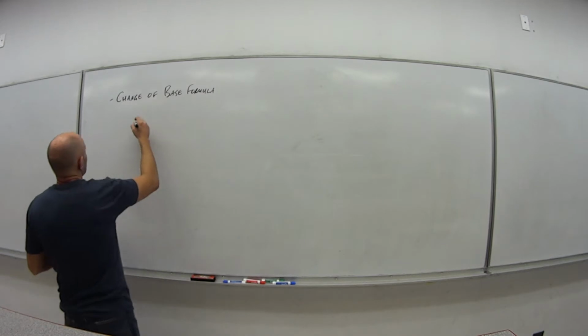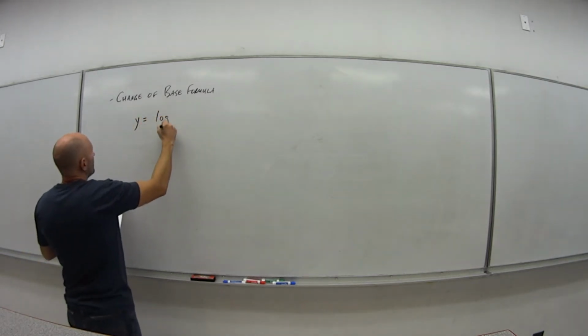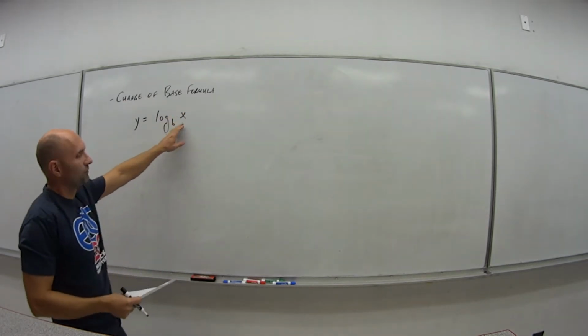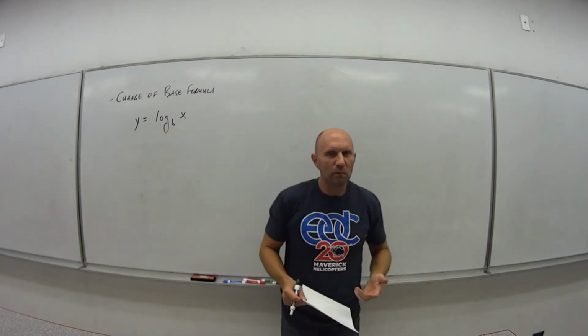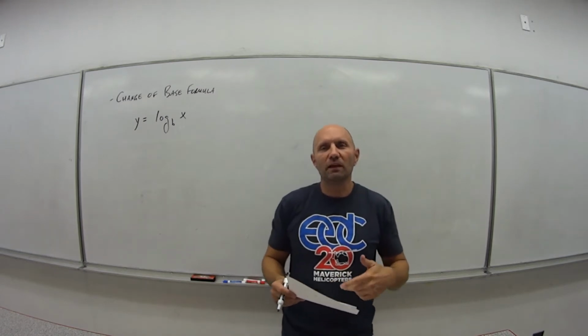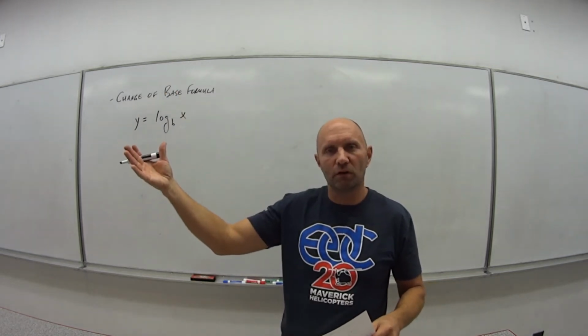Well, let's say that we had y is equal to log base b of some value x. So sometimes we might be working with a base that's hard to work with. Like if we can get things with base 2, sometimes that's easier. 2 to what power gives us a number.